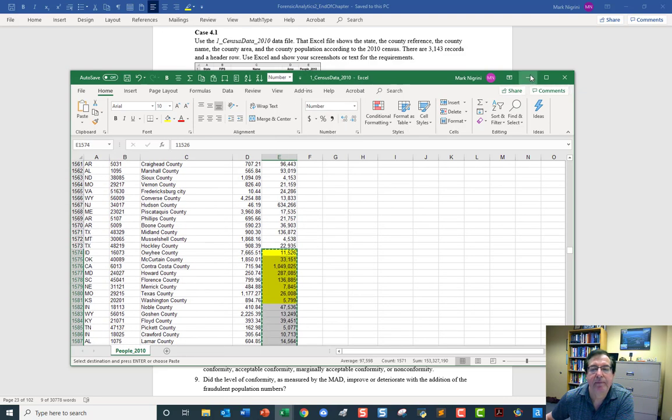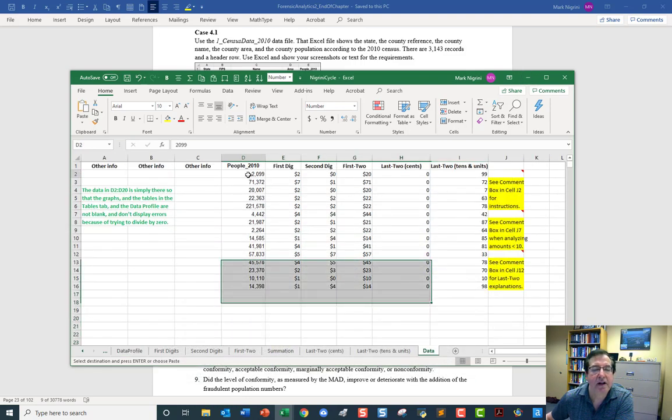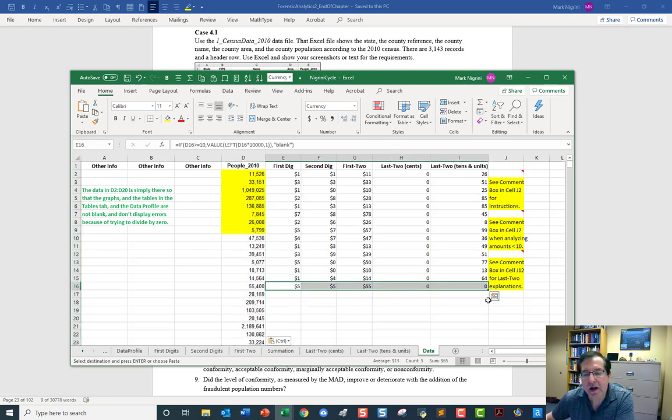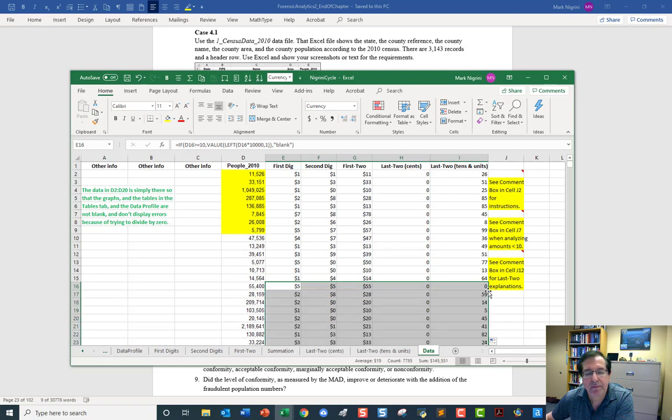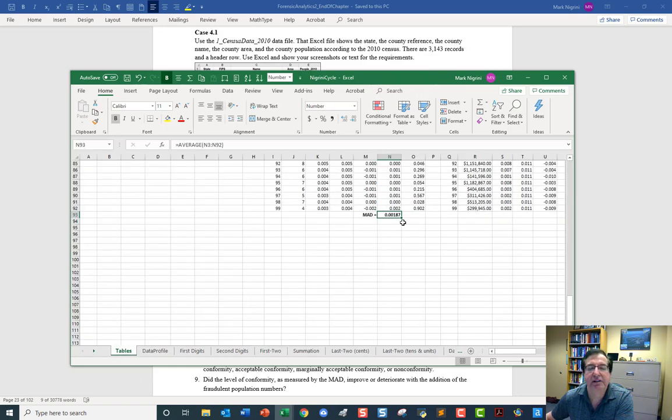Copy. And start here. Paste. Copy down. First 2 digits again, it changed. Mean absolute deviation, 0.00187.